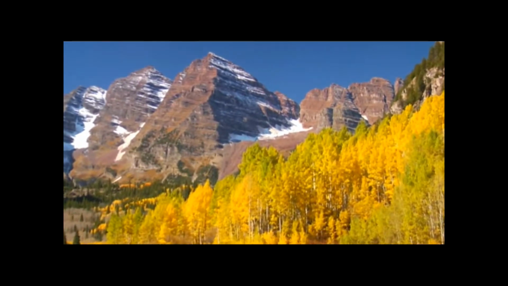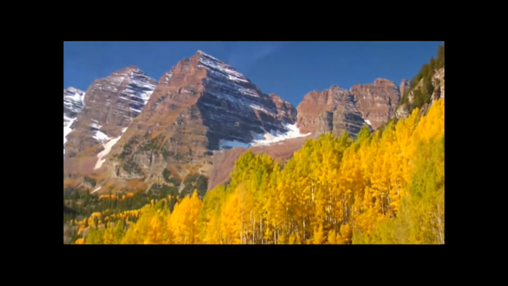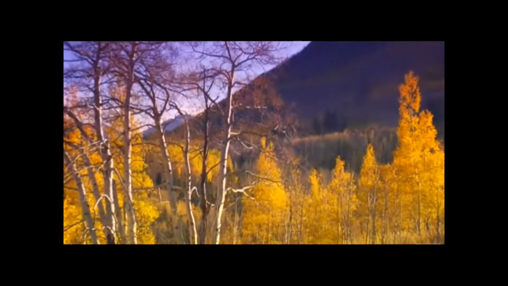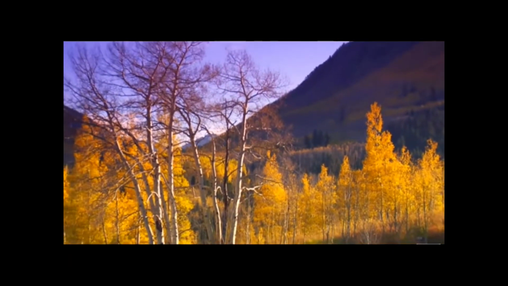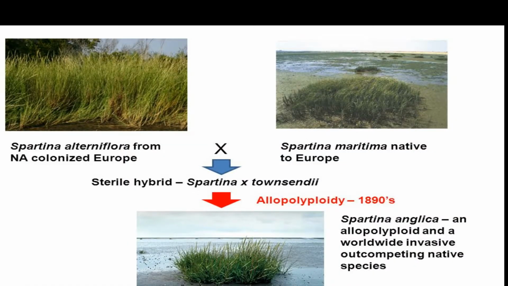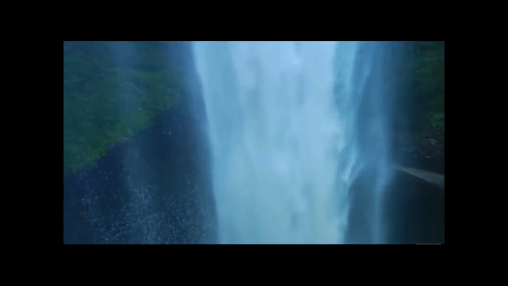This is a diploid plant with one set of chromosomes from Spartina maritima and one set from Spartina alterniflora. It is sterile because the two sets of chromosomes from its parents can't pair up, so it can't undergo meiosis successfully, nor can Spartina townsendii interbreed with either of its two parents, which is what makes it a different species.